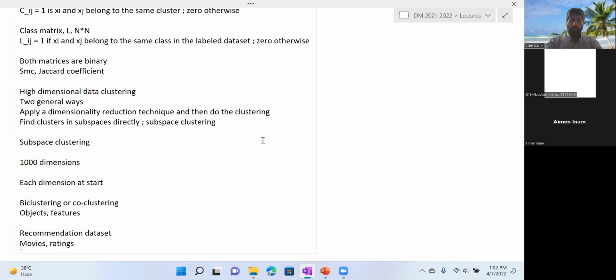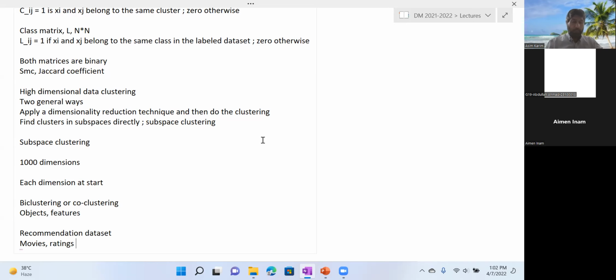Okay. So now you can do co-clustering or bi-clustering, and maybe you will find groups of movies that are similar based on their ratings, as well as groups of people that give similar ratings. So remember, ratings are provided by people, so we are also grouping people.